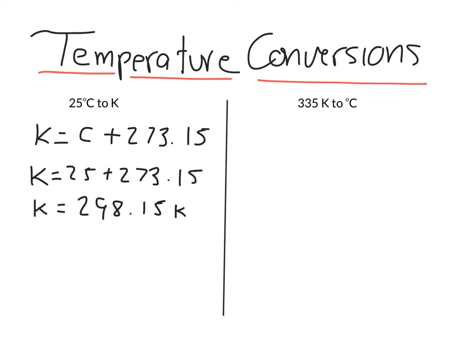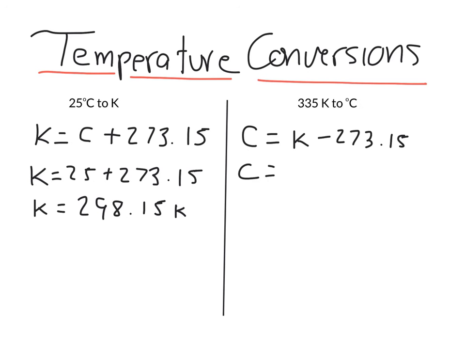Now going the other way is 335 Kelvin to degrees Celsius. So this is like the opposite. You will have a subtraction, that is Kelvin minus 273.15. It is the same number, the only difference is that this is a subtraction.